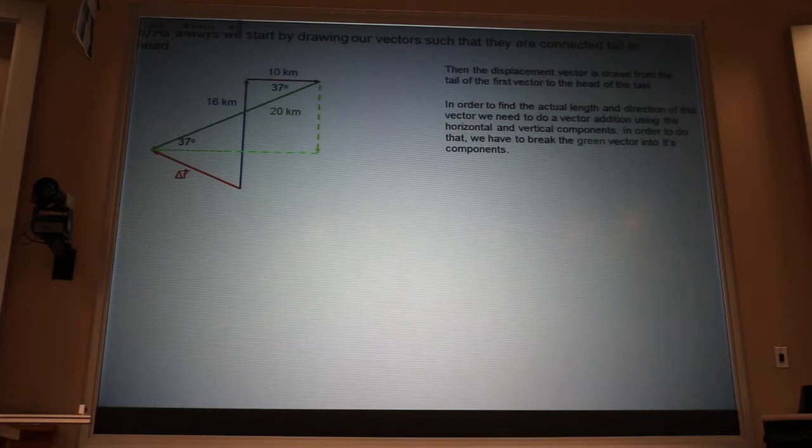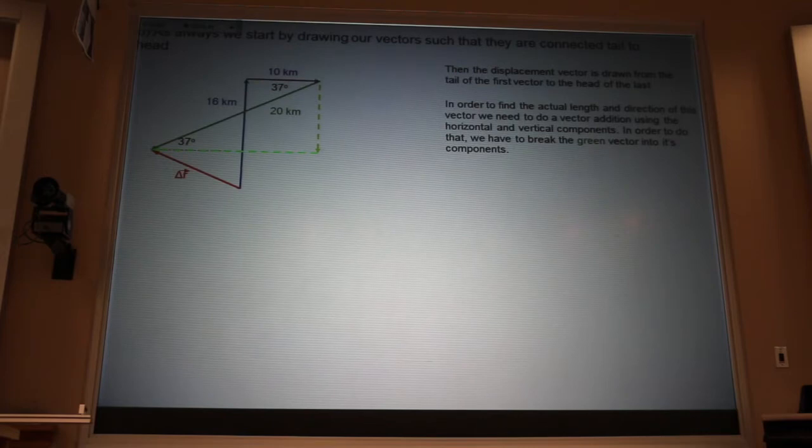But I could have done this. I could have, if that's my vector, I could have gone west and then south. That's my 37 degrees.